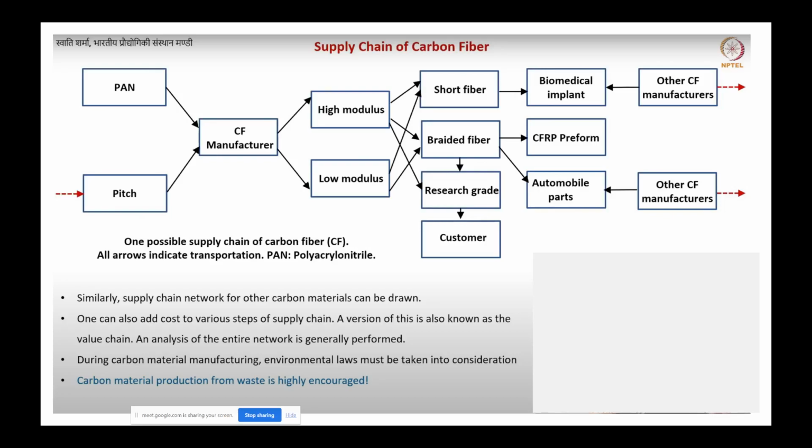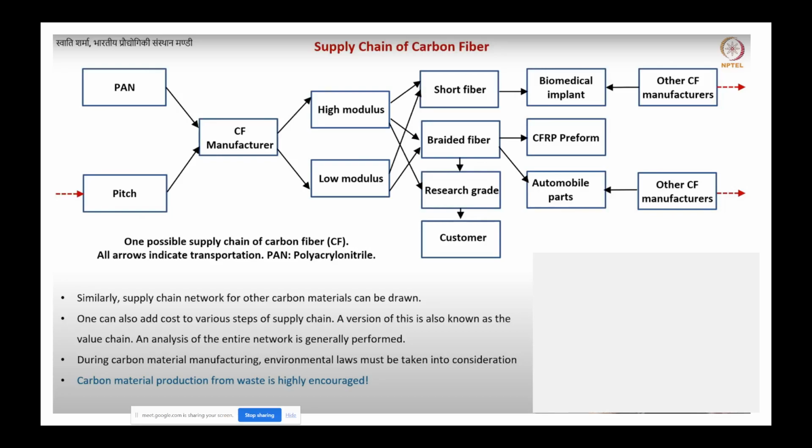Similarly, for carbon fiber, you will have the manufacturer, and then there will be two kinds, high modulus and low modulus. The high modulus will have different fiber ranges, such as short, braided, and research grade, and that will go to the customer. For low modulus, you will have braided and short.